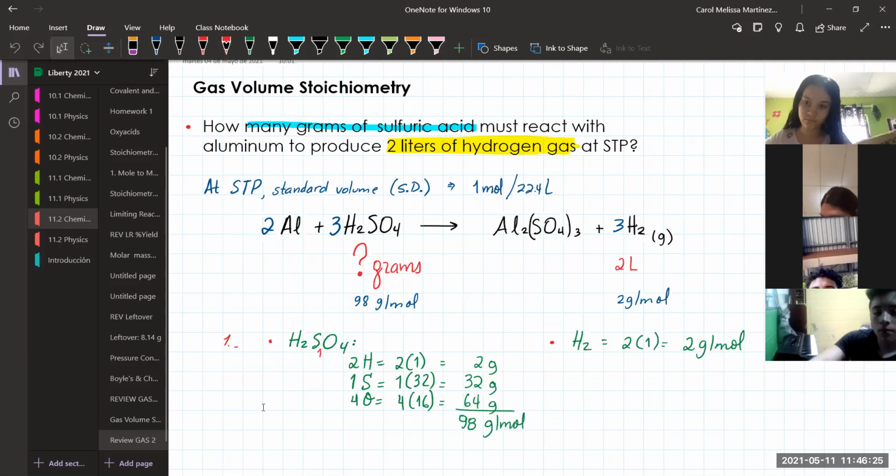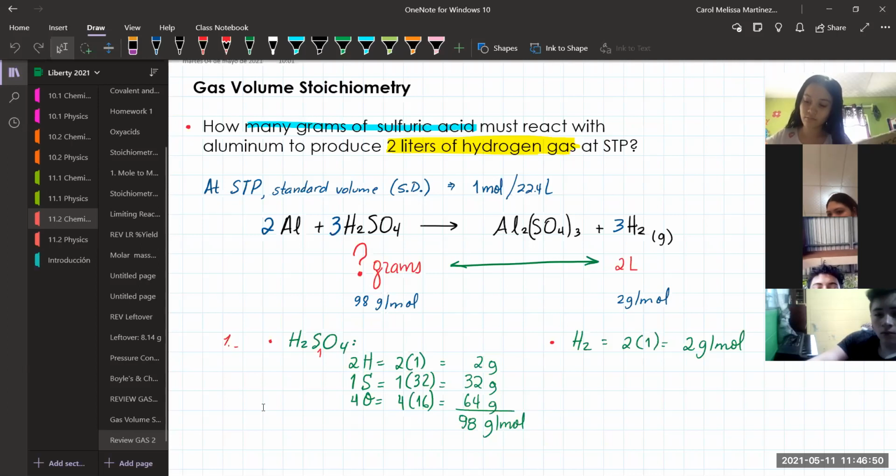Now let's take a look. After this, I have to relate the given and the unknown. My given, as you can see, is volume in liters, and my unknown is grams.